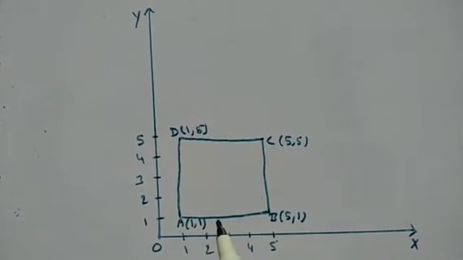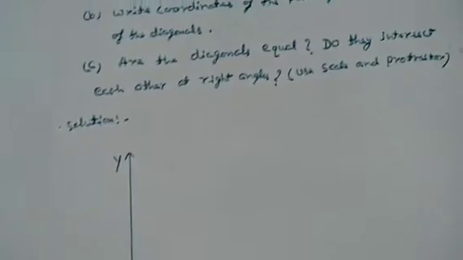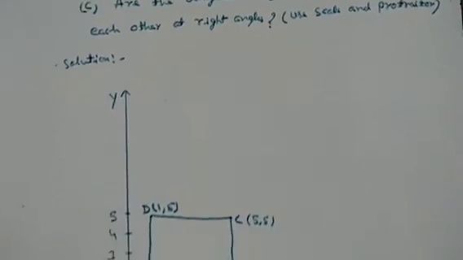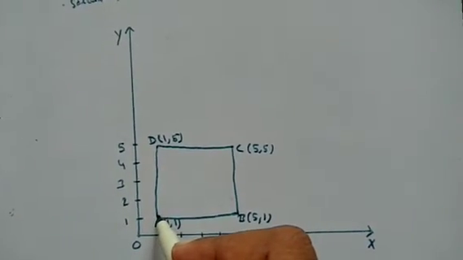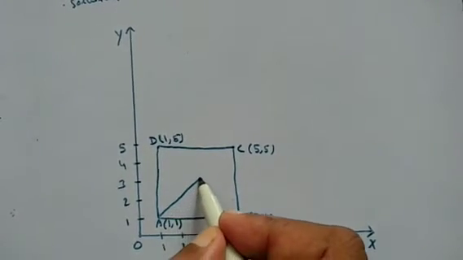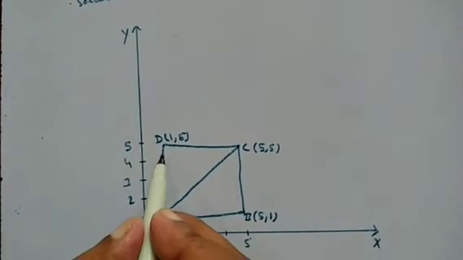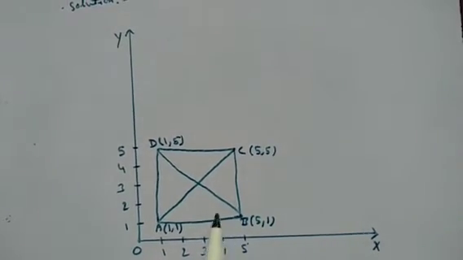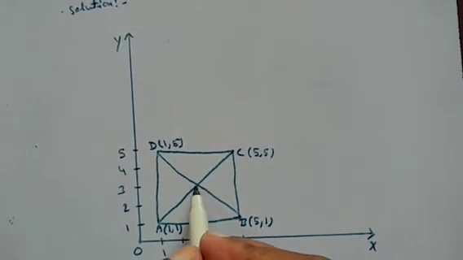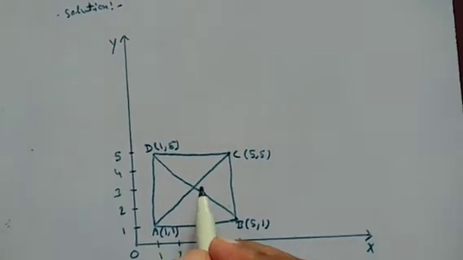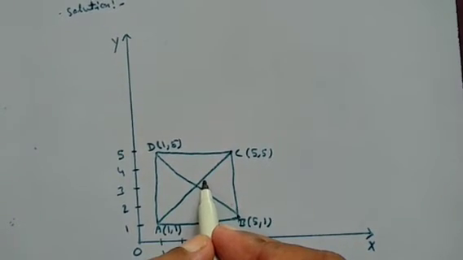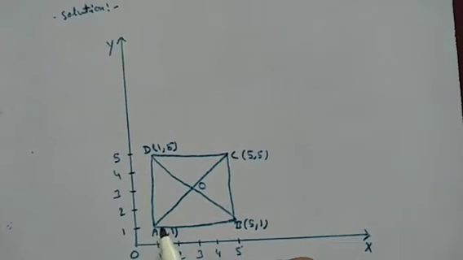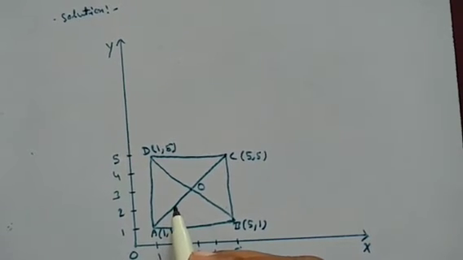In question B, write coordinates of the point of intersection of the diagonals. For this, we draw diagonal AC and diagonal BD. Both diagonals intersect at this point. Let this point be O, and you have to write the coordinate of this point.